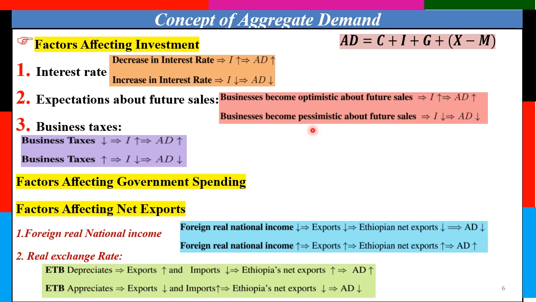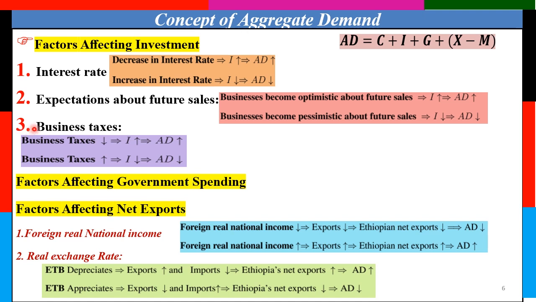On the other hand, if the people are pessimistic, if they have a negative attitude about the future sales, the current investment declines. This causes aggregate demand to also decline.